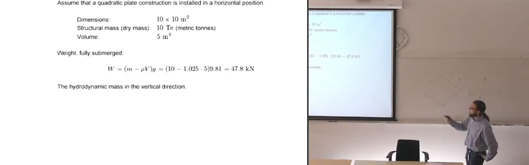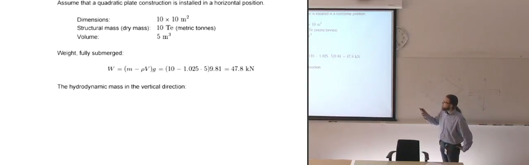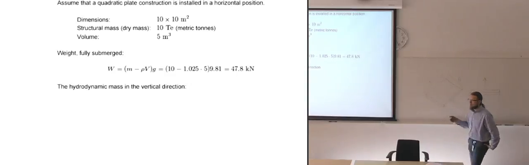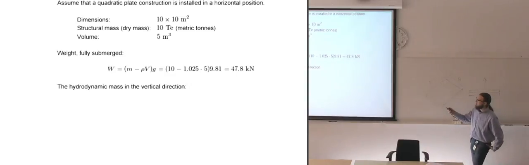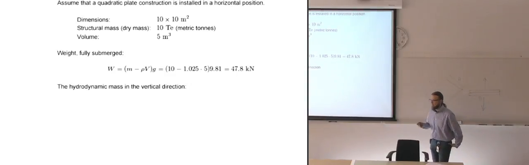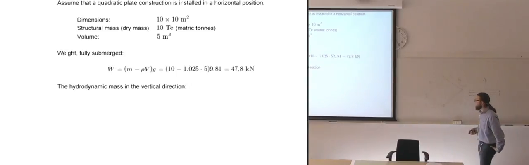So that's going to be the exact weight. And we can see that once it's submerged, a full 10 tons multiplied with 9.81 is going to give us almost 100 kilonewtons. So we can see that we are below half the weight of the plate once it's fully submerged in water.